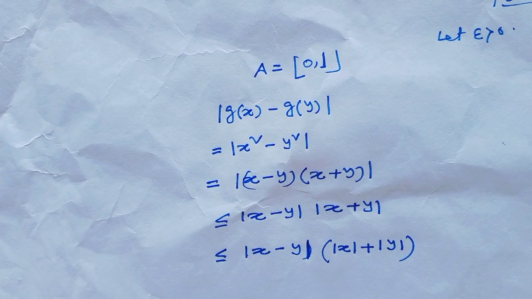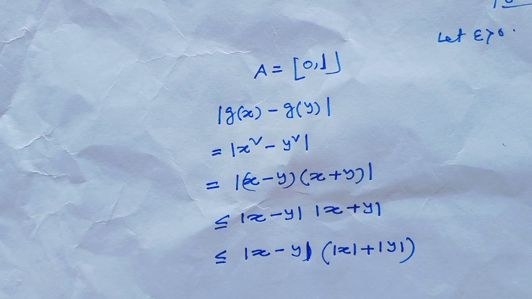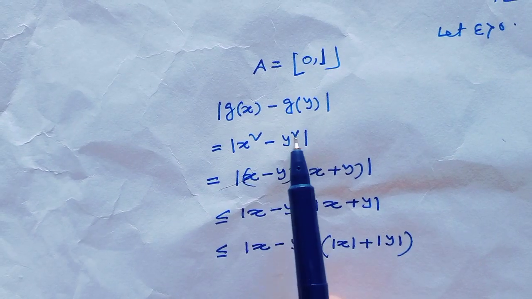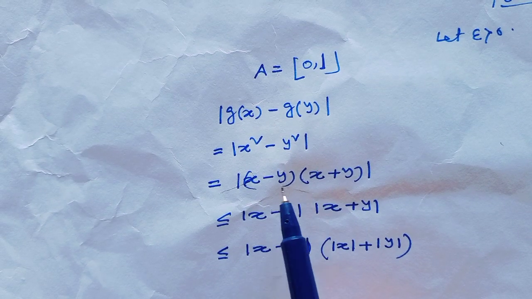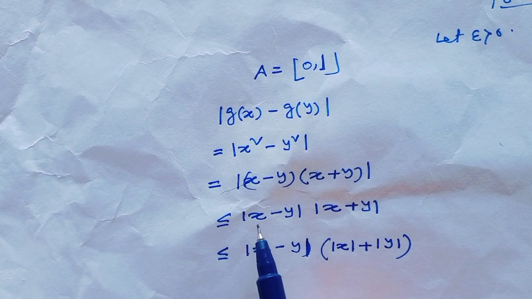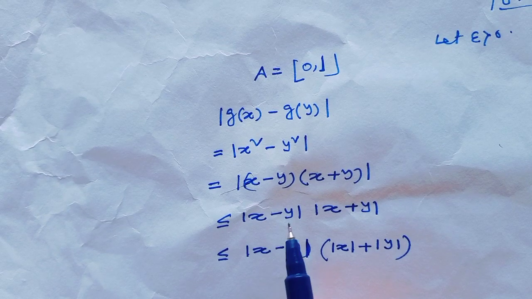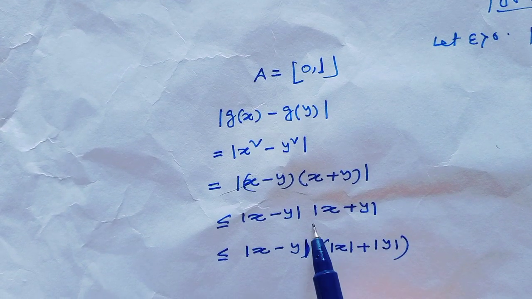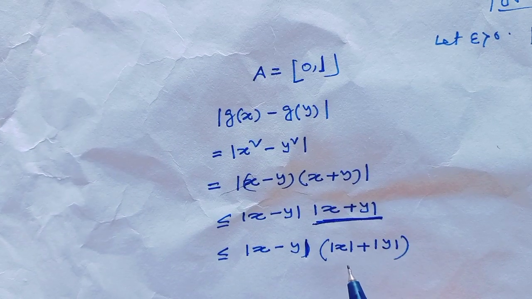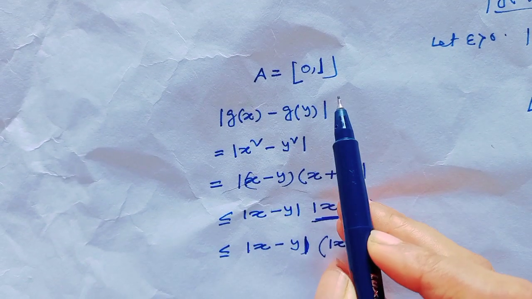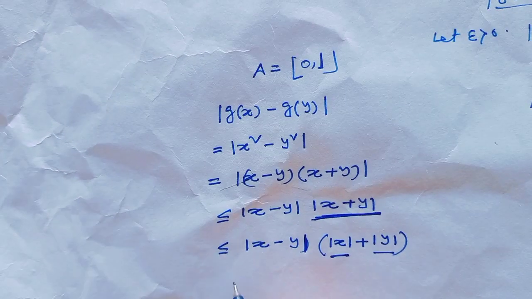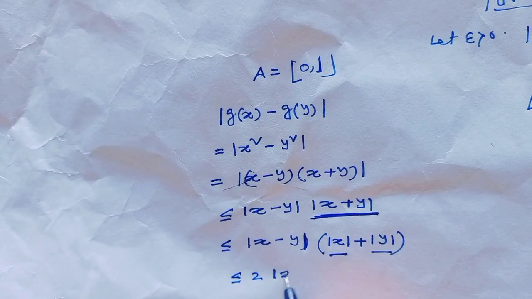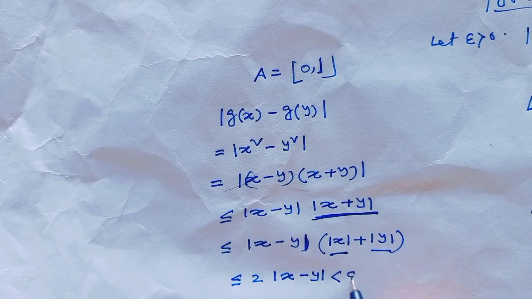on the real numbers. If we consider the closed interval A equal to [0, 1], then this function is uniformly continuous, because |g(x) - g(y)| equals |x squared minus y squared|, which equals |x - y| times |x + y|, which is less than or equal to |x - y| times (|x| + |y|). Since x and y belong to [0, 1], |x| is at most 1 and |y| is at most 1, therefore this is at most 2|x - y|, which is less than epsilon.